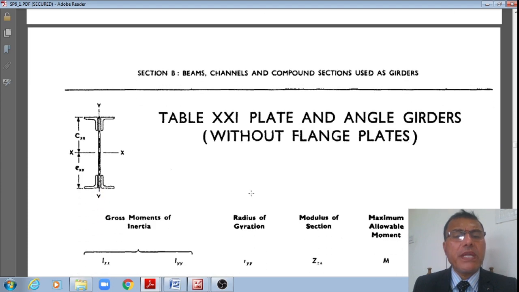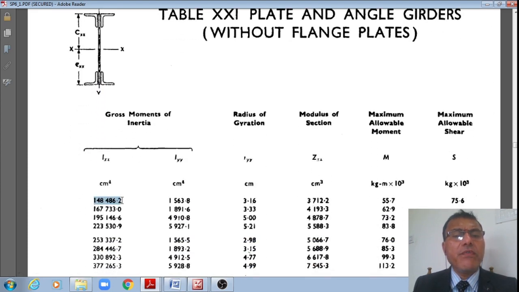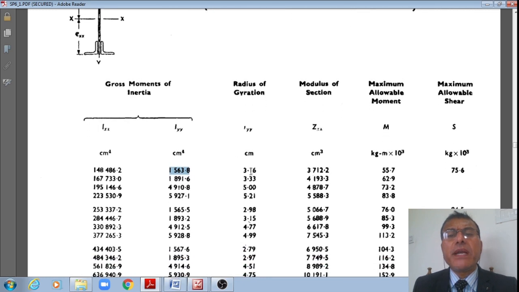And the other relevant properties are that the moment of inertia about the major axis of bending is 148,486.2 centimeter to the power 4, and about the minor axis 1563.8 centimeter to the power 4, and the minimum radius of gyration about the weak axis 3.16 centimeter, and the modulus of section about the major axis of bending ZXX 3712.2 centimeter cube, and the maximum allowable moment is equal to 55.7 ton meter or 557 kilonewton meter, and the maximum allowable shear is 75.6 tons or 756 kilonewton.